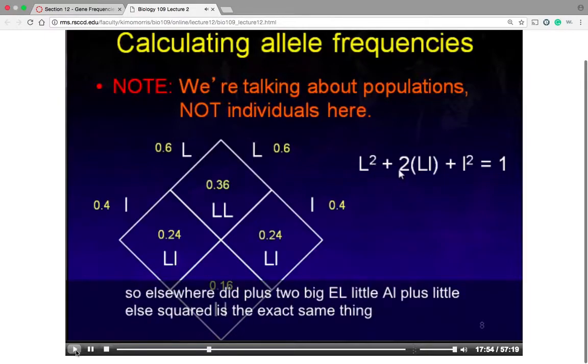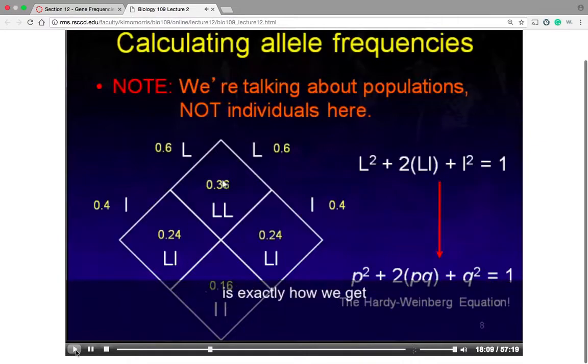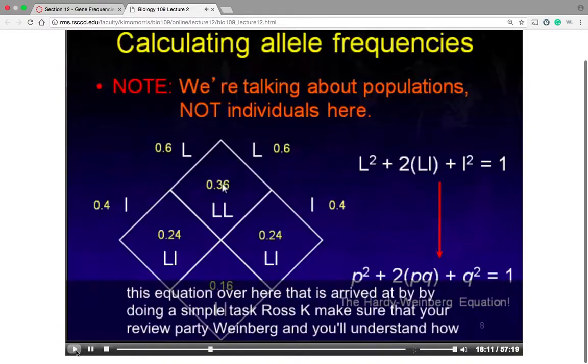So L squared plus 2 big L little l plus little l squared is the exact same thing as the Hardy-Weinberg equation in your book. P squared plus 2pq plus q squared equals 1 is exactly how we get this equation over here that is arrived at by doing a simple test cross.